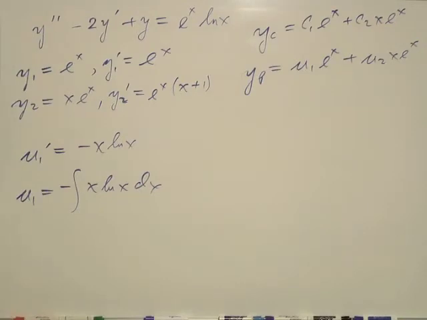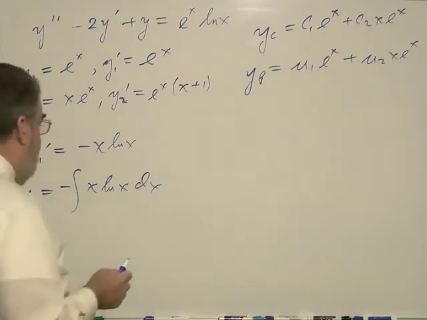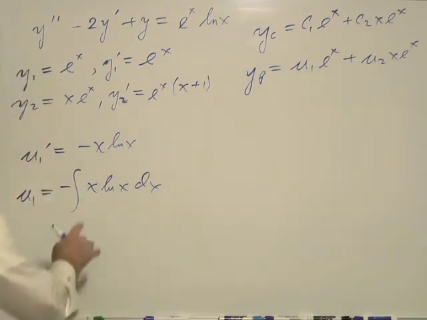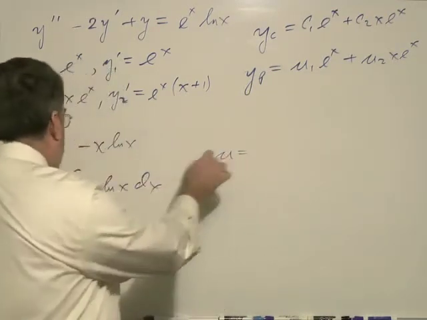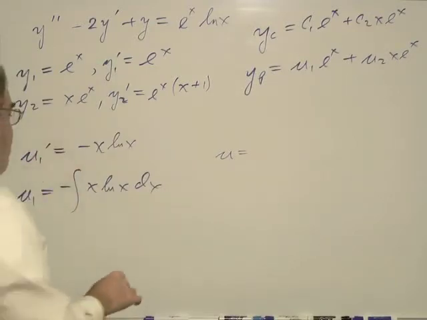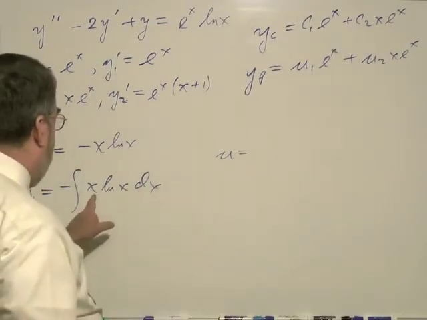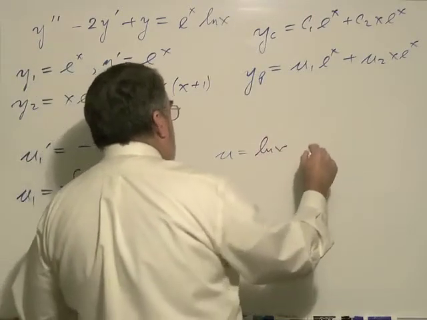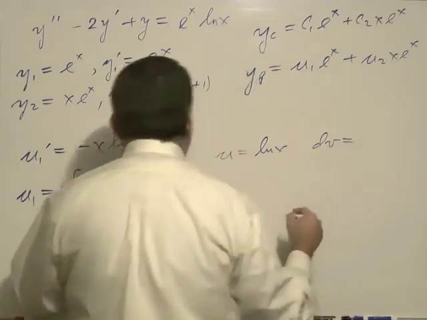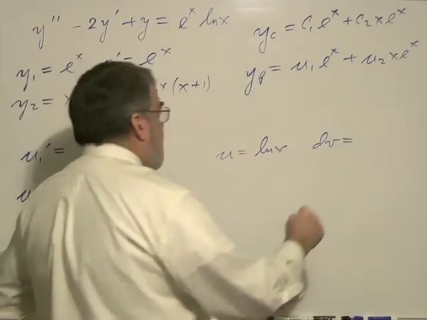Well, to me that looks like integration by parts. Now this u is different from these u's over here. This is straight integration by parts. So let's let u equal ln x, and dv equal x dx.